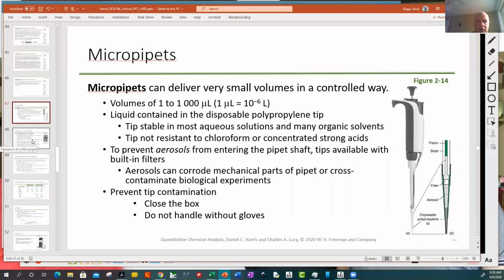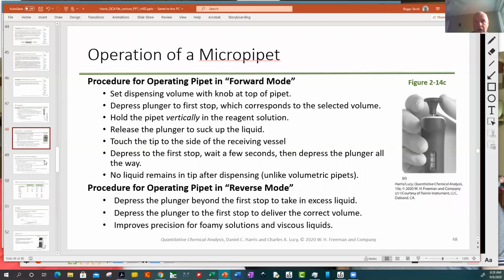Follow these rules. Normally you're going to operate in forward mode. Occasionally you operate in reverse. Basically, set the volume, and there are 2 stops on the plunger. You push it down until you feel resistance, and you stick it in the solution, suck up the liquid, touch the side, and then transfer to the receiving volume, and then shoot it all out by going all the way down, right?